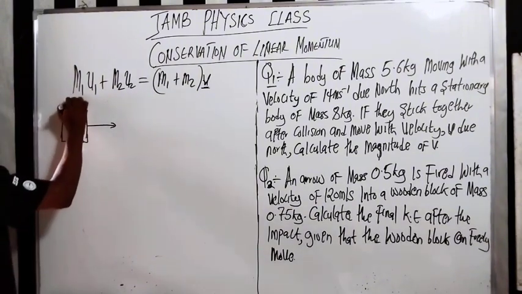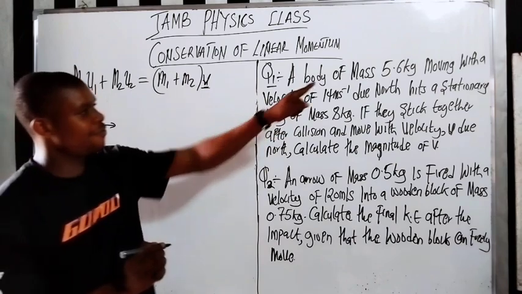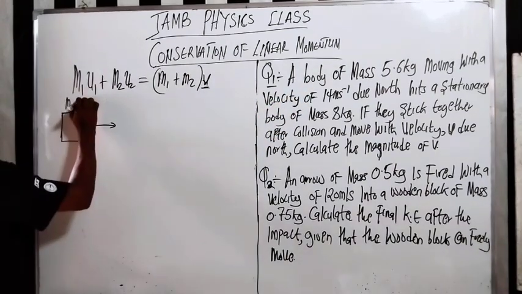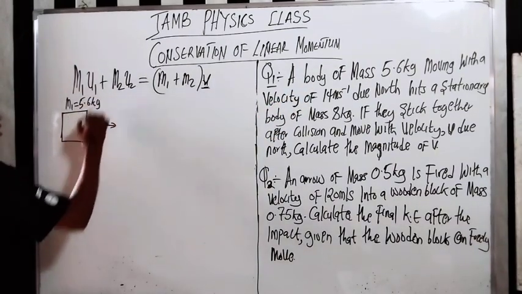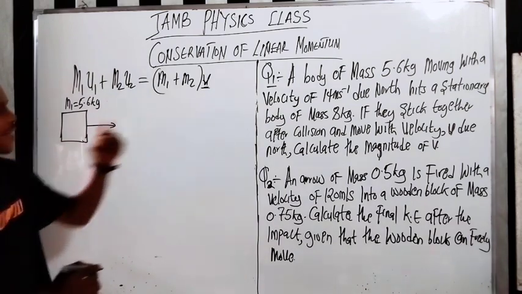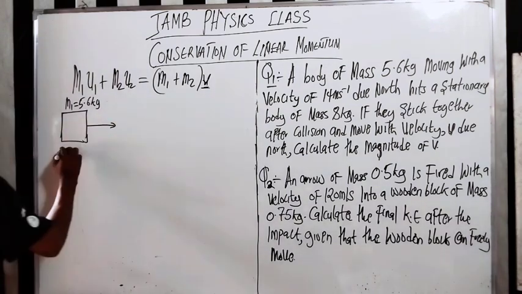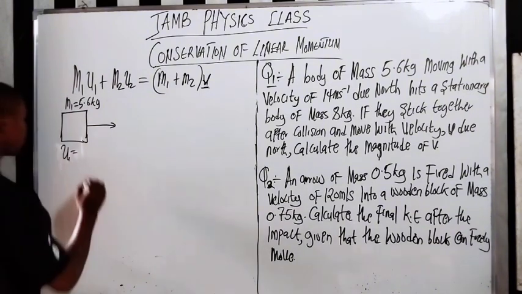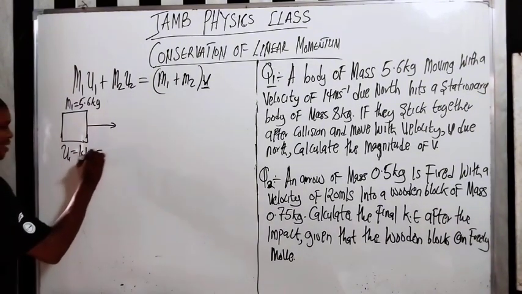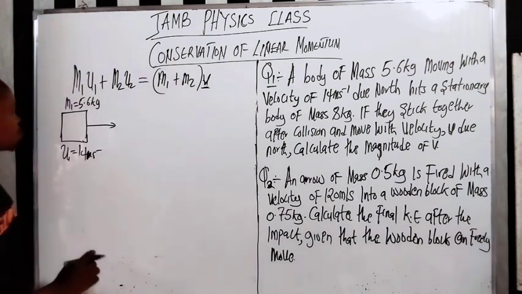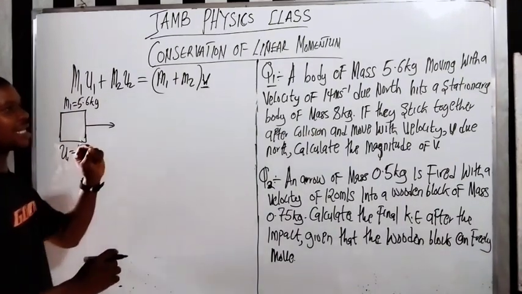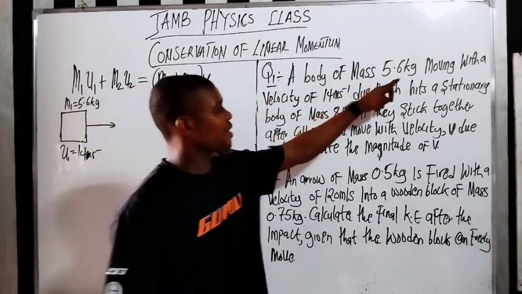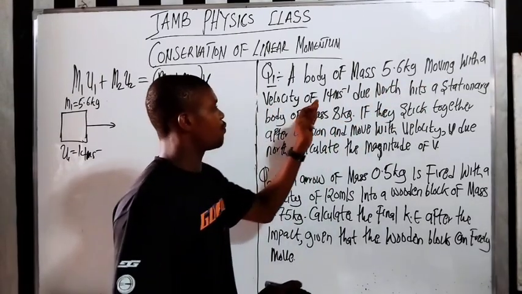The mass, which is called m1, is 5.6 kg, and the initial velocity at which it is moving, u1, is 14 meters per second. So it's moving due north.